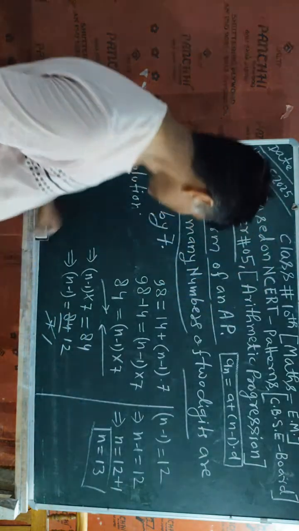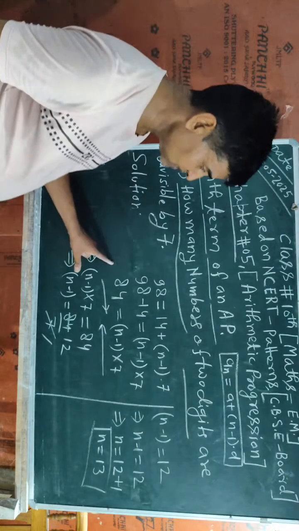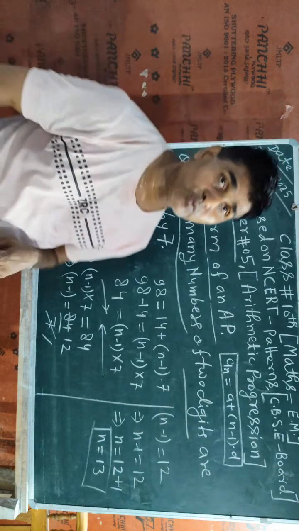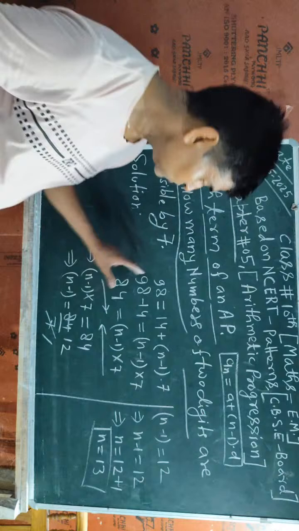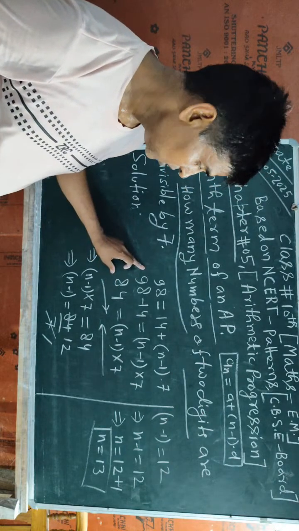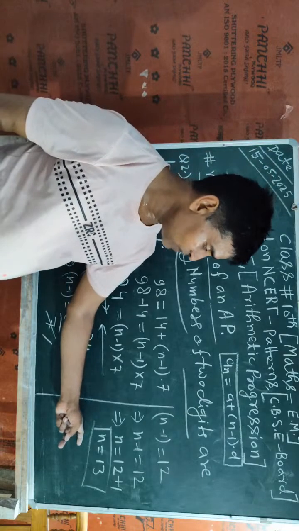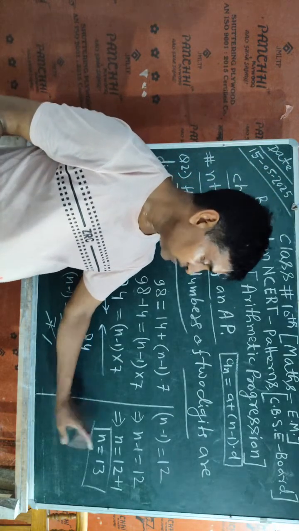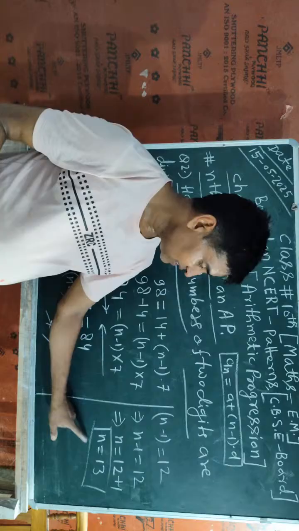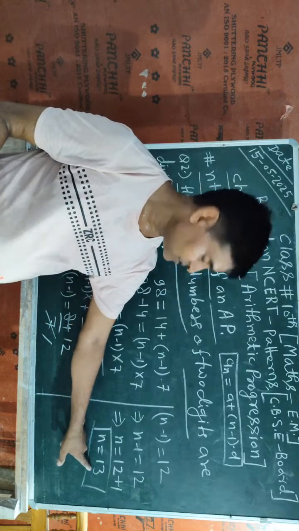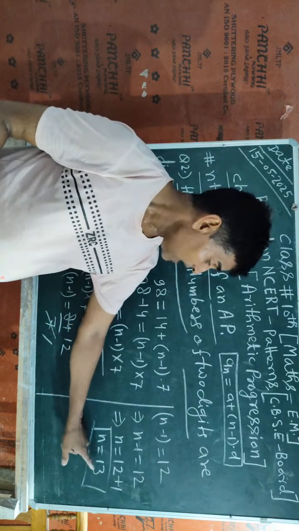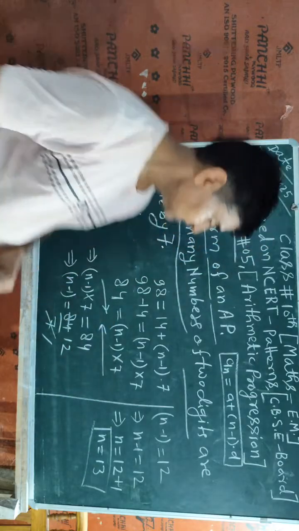Okay student, so further I am going to erase this information, because each and every student has understood this information in a very clear way. Now I will write this information in words. There are 13 terms, that is 13 numbers, and those are divisible by 7.